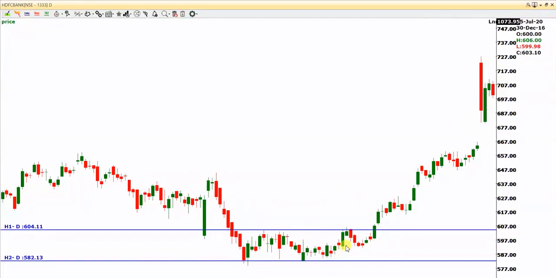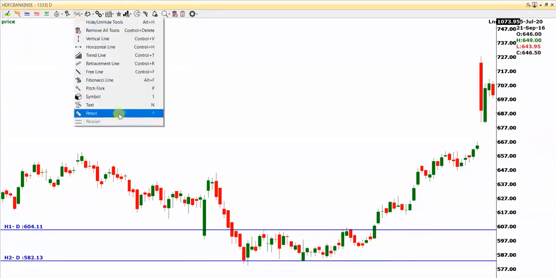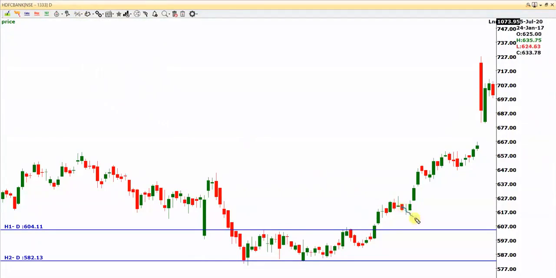If you are not sure, let the price close for at least a week above this accumulation area, and there are chances it might again come and hit this boundary and again start to move higher.